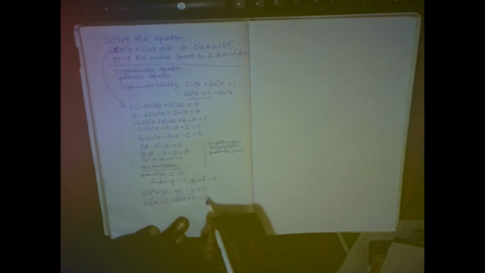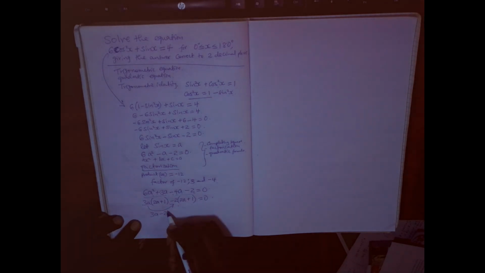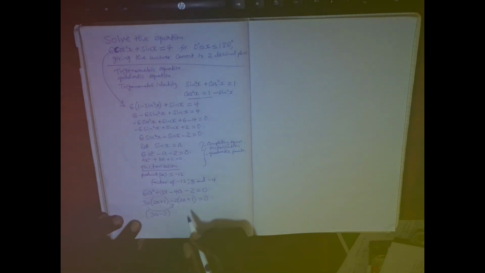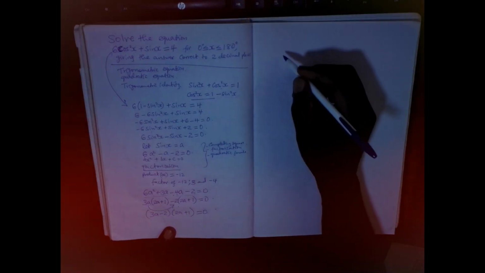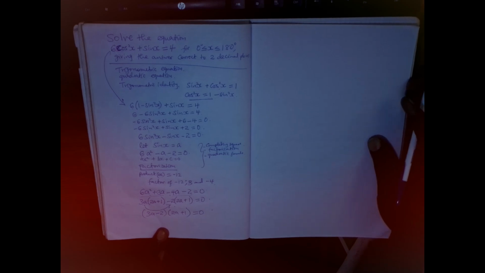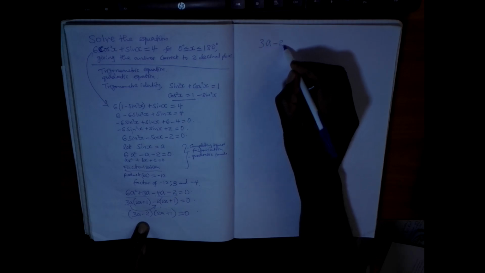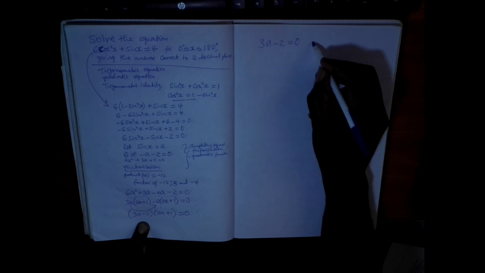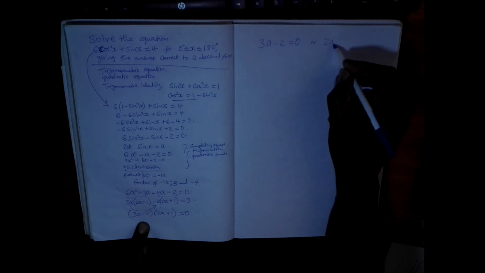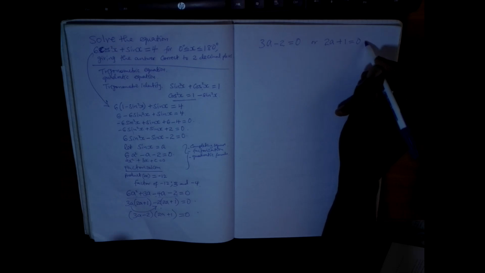So we take 3a minus 2 and the bracket 2a plus 1 equal to 0. This means either 3a minus 2 is equal to 0 or 2a plus 1 is equal to 0.